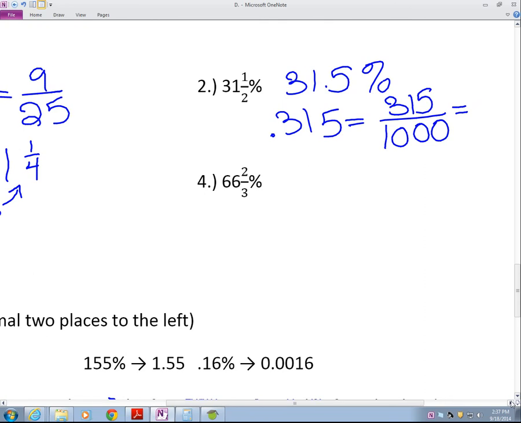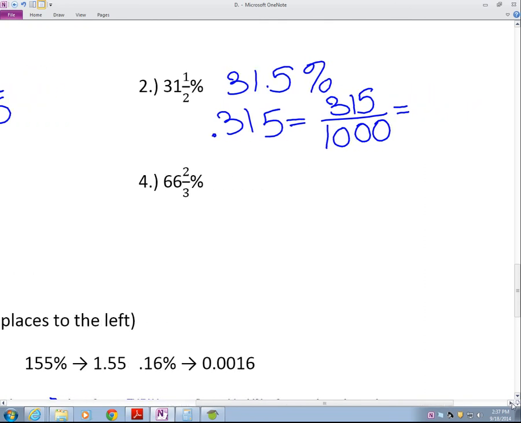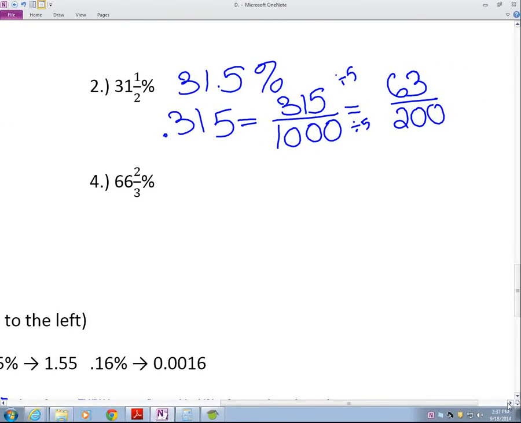We could divide by 5, and the easy way to do it is you know that 300 divided by 5 is 60, so 315 divided by 5 is 63. And 1000 divided by 5 is 200. Okay, 63 over 200. Can we reduce that at all?